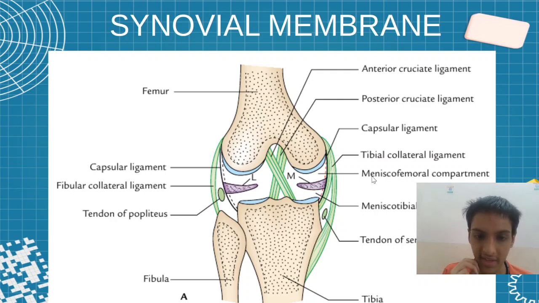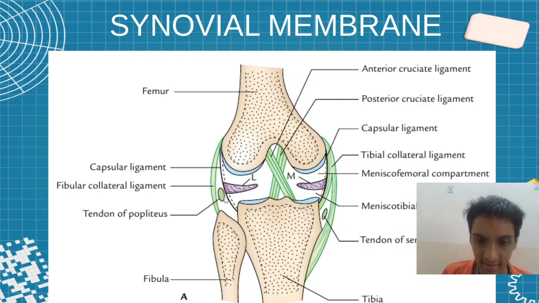Now here it is very clear. So what are we finding in the synovial membrane? The menisci, ACL, PCL, FCL, TCL, TCL as in tibial collateral ligament, FCL as in fibular collateral ligament. This black line you are seeing is the capsule.